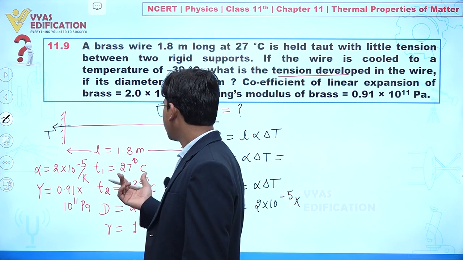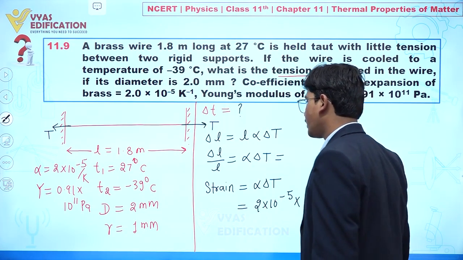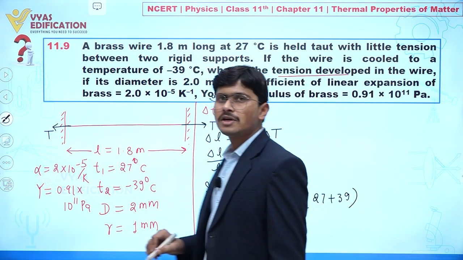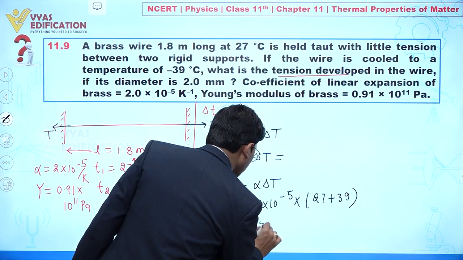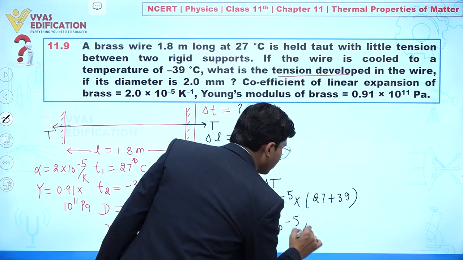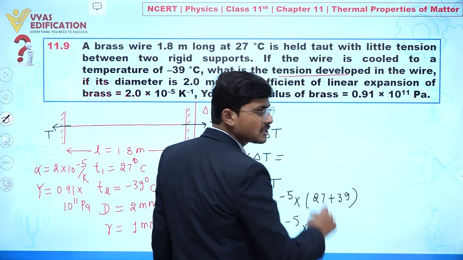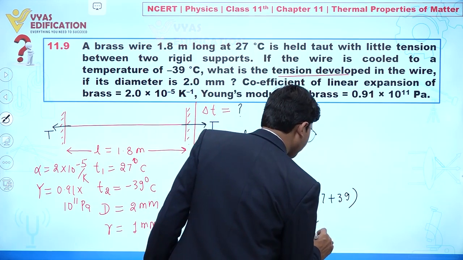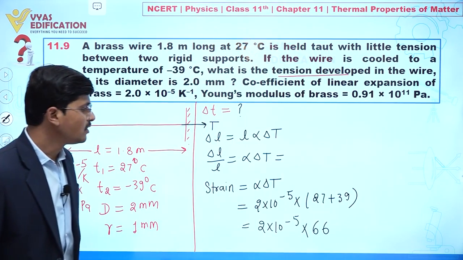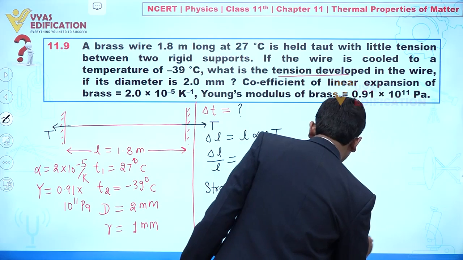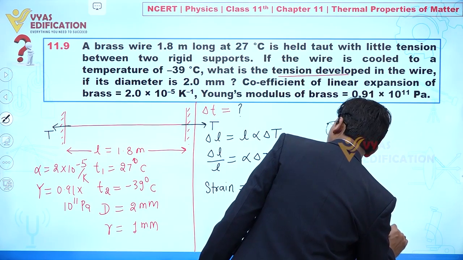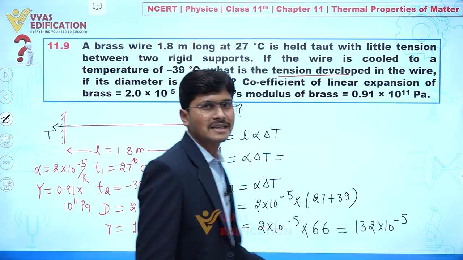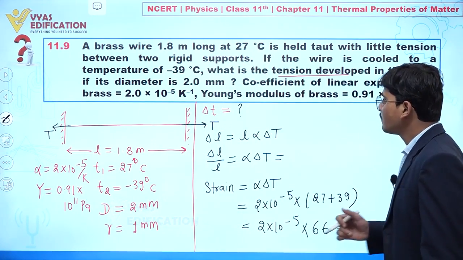The change in temperature is 27 minus minus 39, so 27 plus 39, which is 66. So it is 2 into 10 to the power minus 5 multiplied by 66, which is equal to 132 into 10 to the power minus 5. So this is the value of strain, clear to everyone?